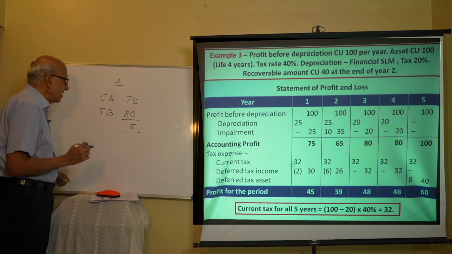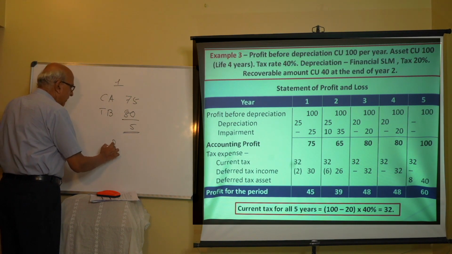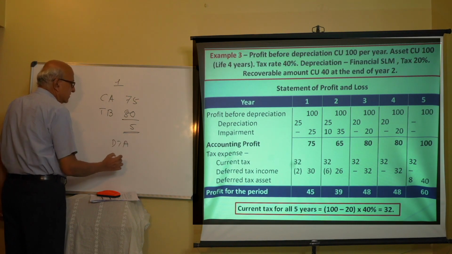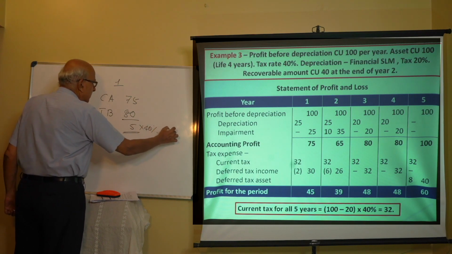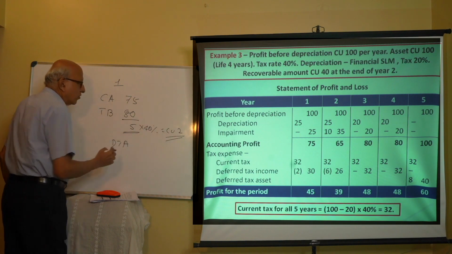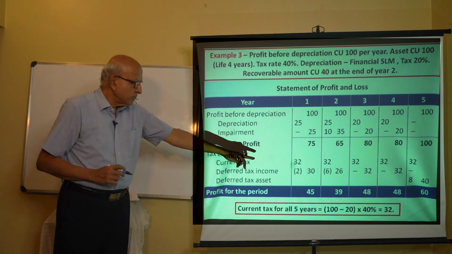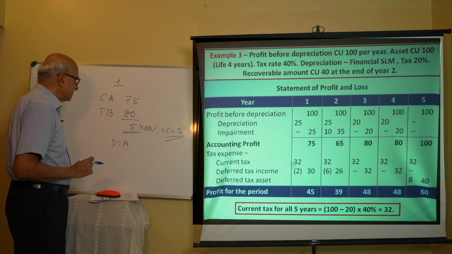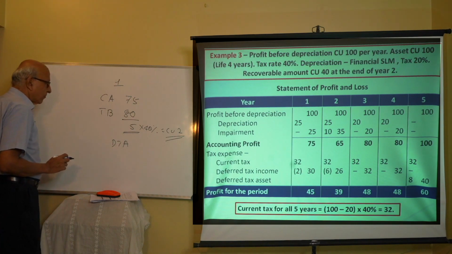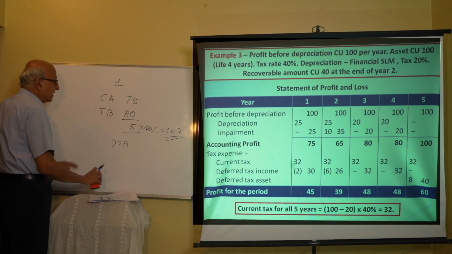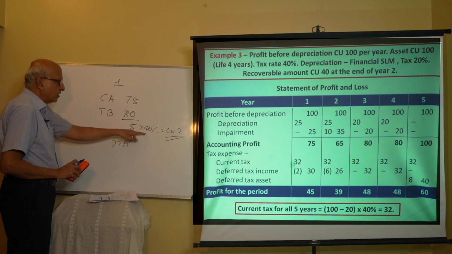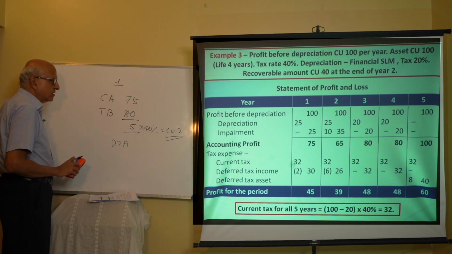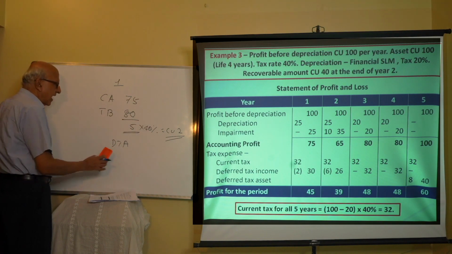That creates a deferred tax asset. This into 40%, that means CU2. You can check up here. Carrying amount 75, tax base 80, 5 rupees is the deductible temporary difference into tax rate. CU2 is the deferred tax asset.